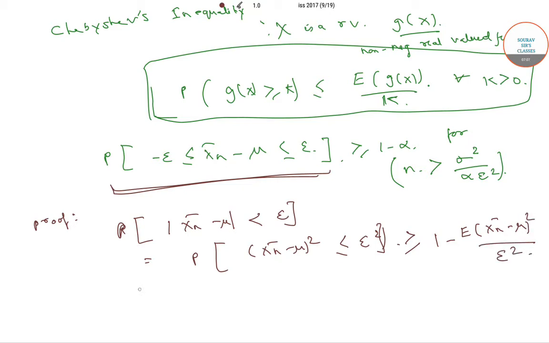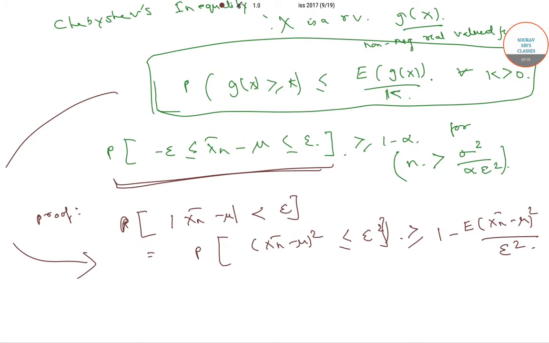Here X n bar minus mu whole square is a non-negative real valued function. So the probability is greater than or equal to 1 minus sigma square divided by n into epsilon square.